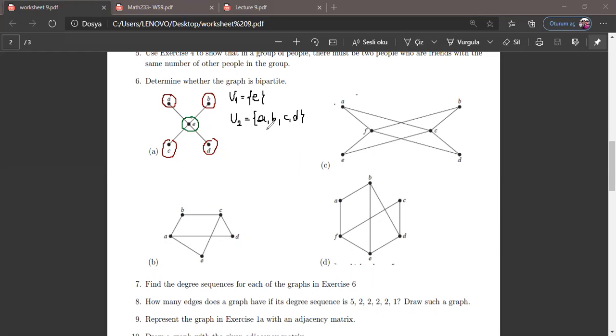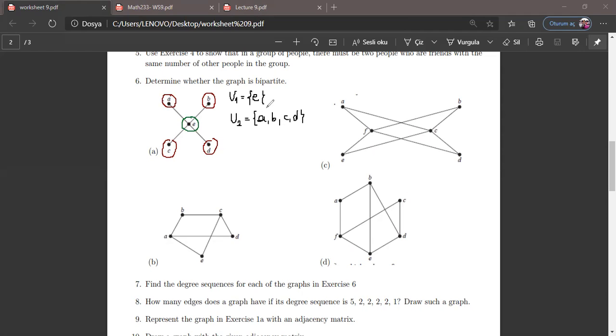What about V2? If we take any 2 vertices from this set, they are not neighbors because there is no edge between them, right? For example, if we take A and B, there is no edge between them, so they are not adjacent. And if we take A and C, again, they are not neighbors.